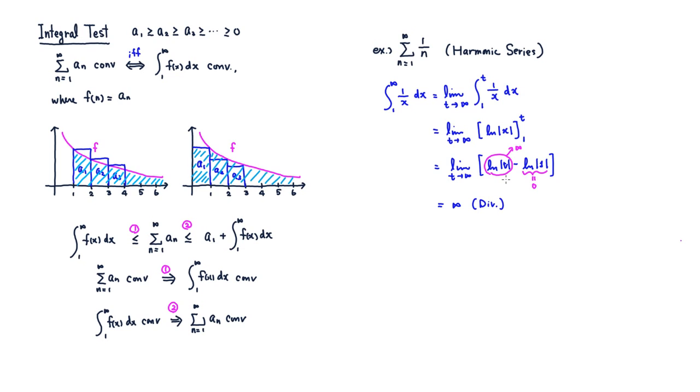Therefore, the harmonic series is also divergent. That's how we use the integral test. Just look at the convergence of the corresponding improper integral, and we can determine the convergence of the original series.